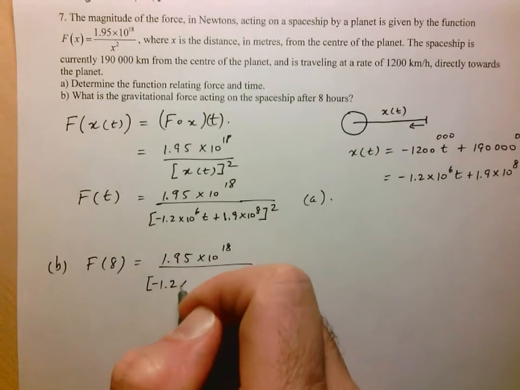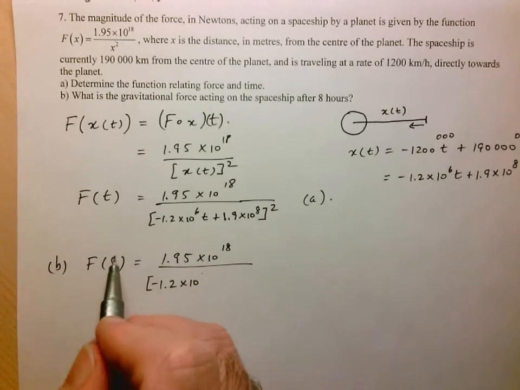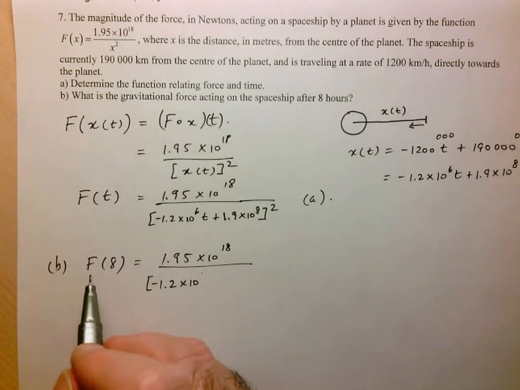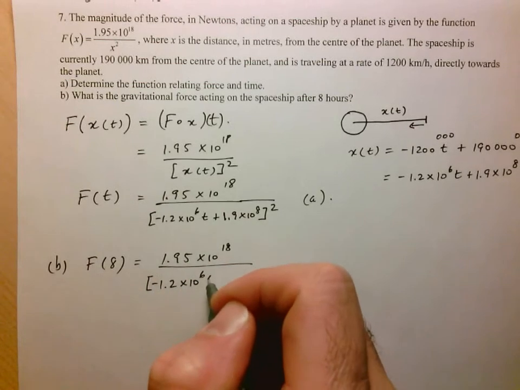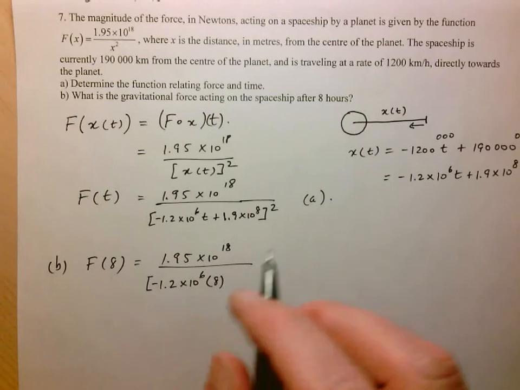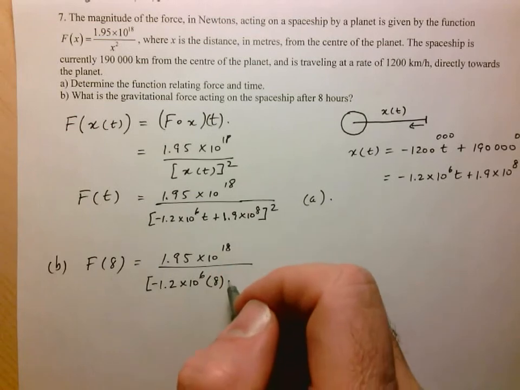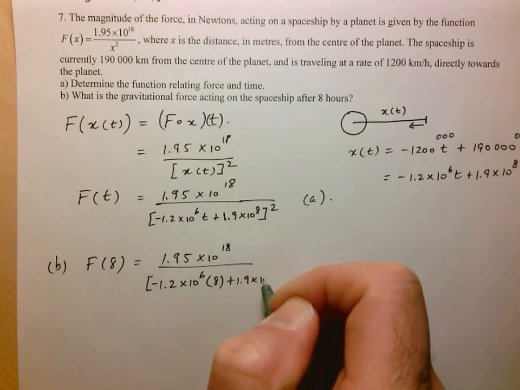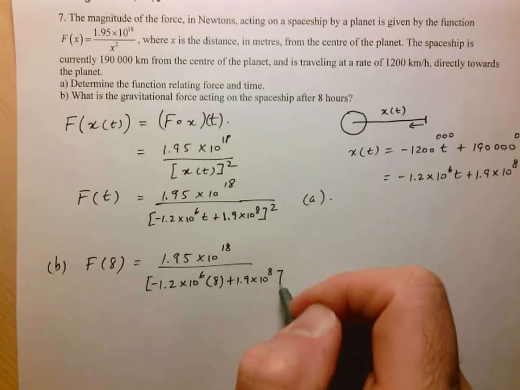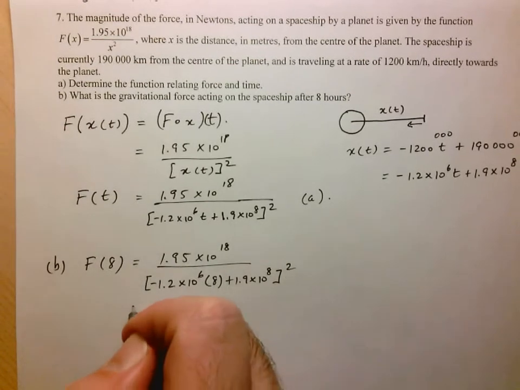So you should be showing me what you're doing, at the very least writing f at 8. But it would be good if you actually inputted that value of 8 into the given function that you're calculating. It's a bit of security in case you make a little mistake.